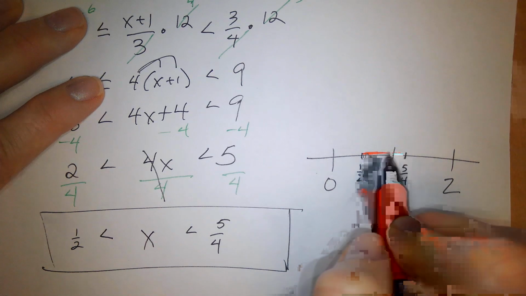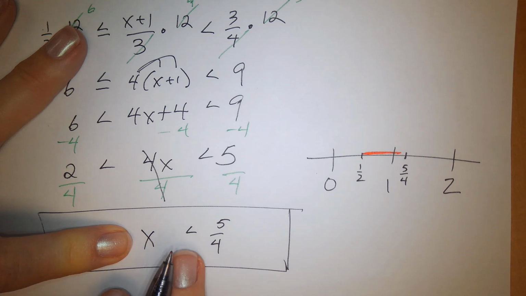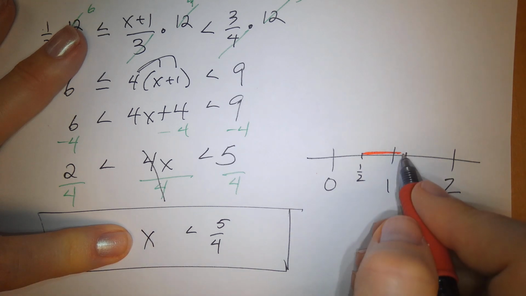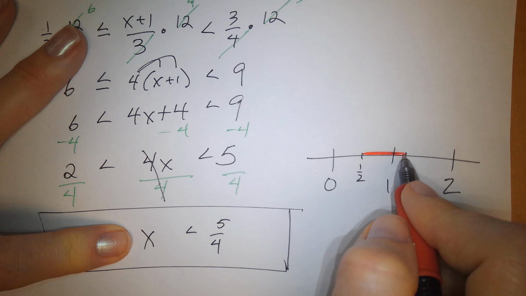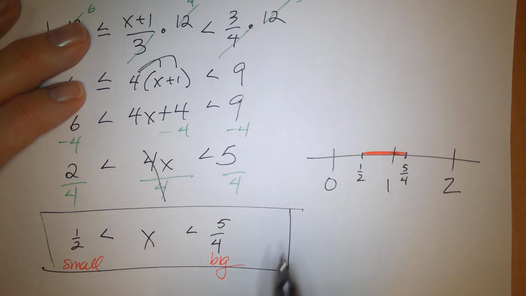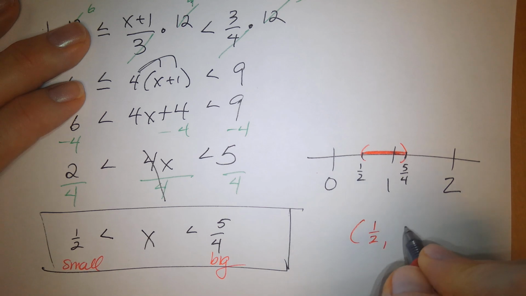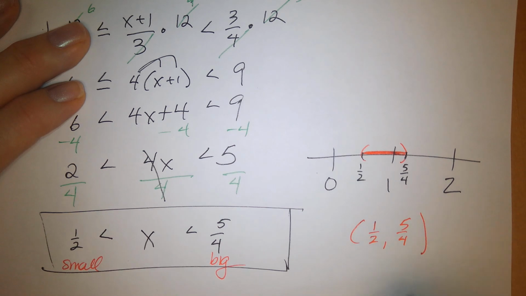So we'll shade to the right. Over here it says x is less than 5/4. So we would shade everywhere to the left of 5/4. So in other words, x lies in between the small number and this big number. We will not include the endpoints, so my interval notation is from 1/2 to 5/4.